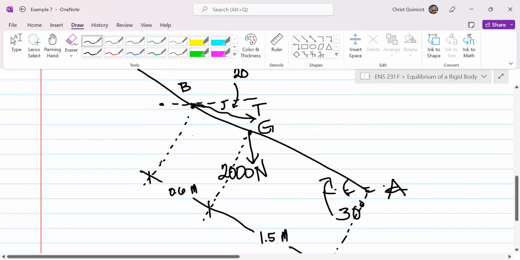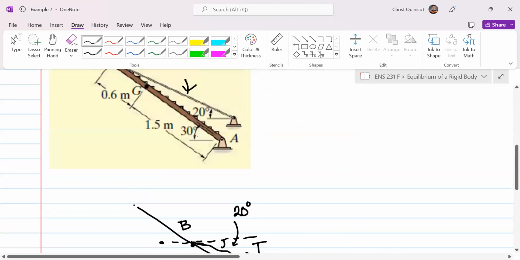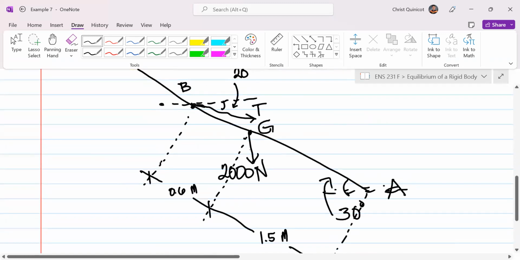Now, what we're going to do is very straightforward. If this is 30, this is also 30 degrees, because if we create another horizontal here, this is 30, this is 60. So this is as well 30 degrees.